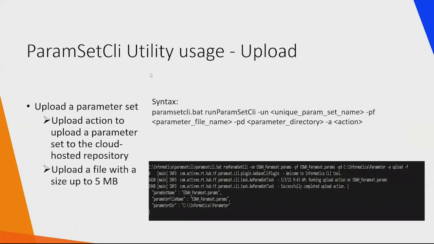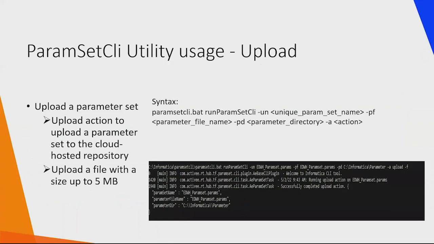With the upload, you can use this param set CLI utility to upload a parameter set to the cloud hosted repository using this command. One thing I want to mention is that for this parameter set, when we try to upload, first it has to be defined in a file, which will be stored locally on your system.